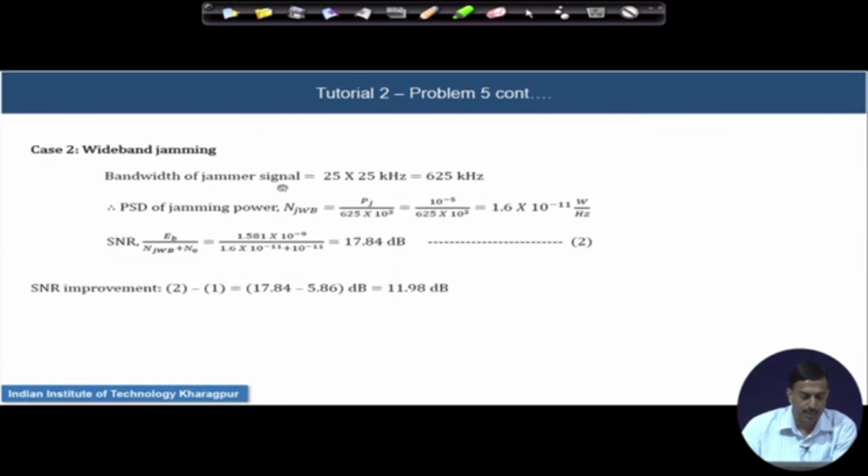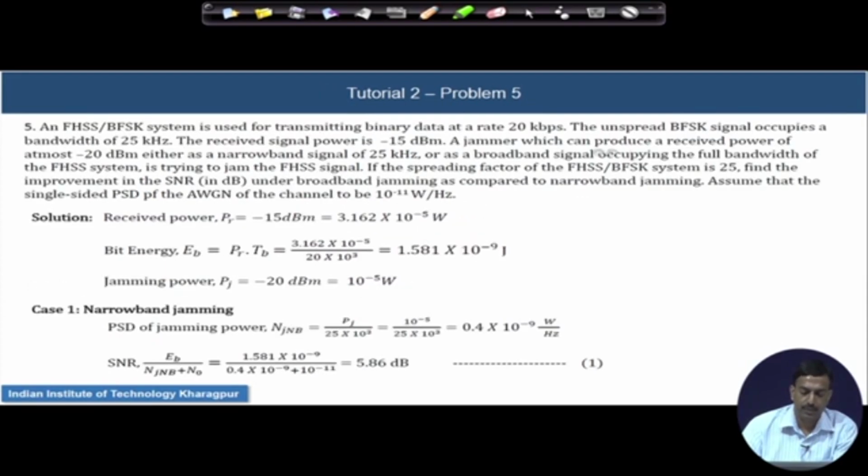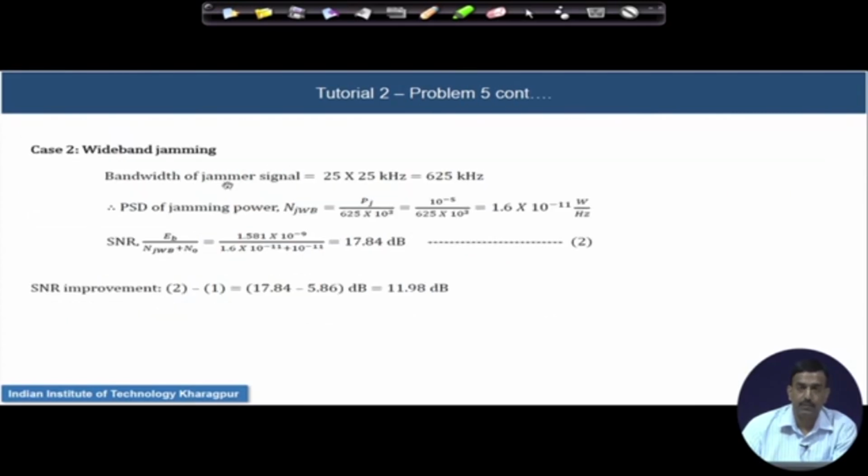For the wideband jammer, as I previously mentioned, the spreading factor is equal to 25. The unspread bandwidth is equal to 25 kilohertz. So the bandwidth of the jammer signal is equal to the spreading factor multiplied by the unspread bandwidth, which is 625 kilohertz. So we recalculate the PSD of this wideband jammer now, and the difference lies here.